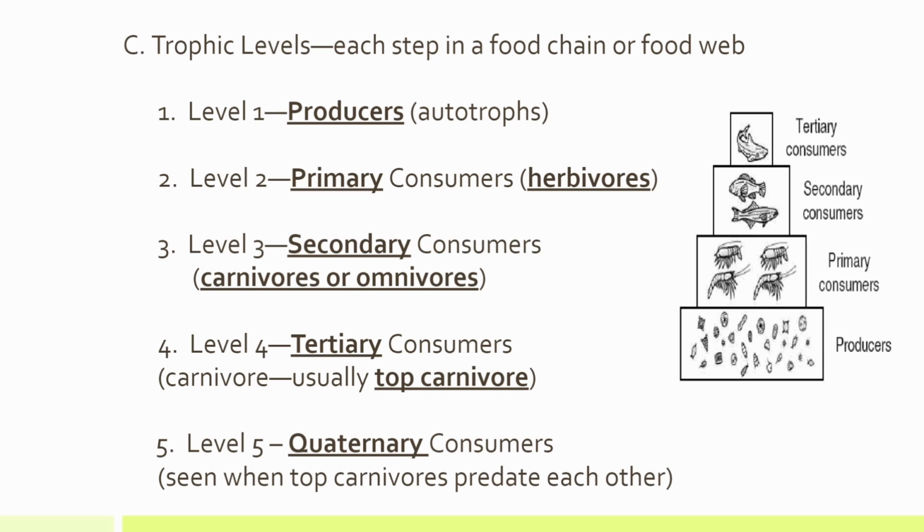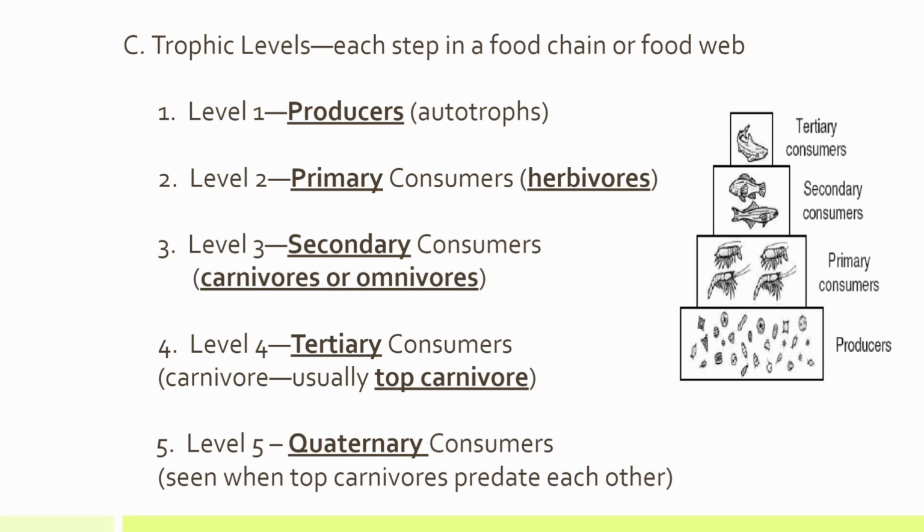So let's quickly review the trophic levels. This is each step in a food chain or food web. In level 1, we have the producers, which are autotrophs. Level 2, primary consumers, which are herbivores because they eat producers. Omnivores and carnivores are in the secondary consumer level, and omnivores may eat other consumers or producers, and then carnivores only eat other consumers.